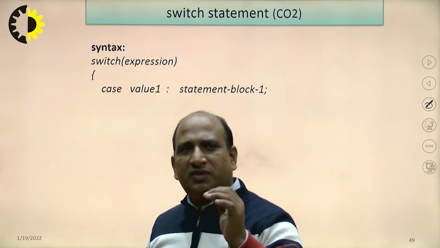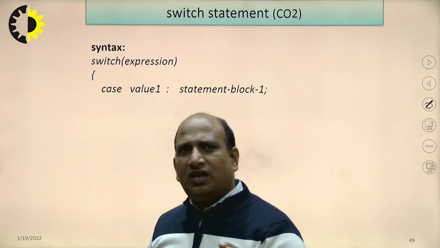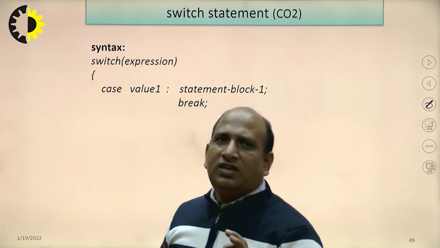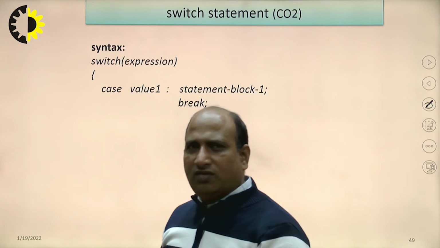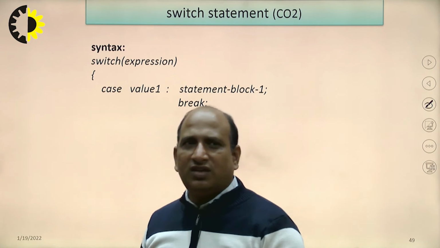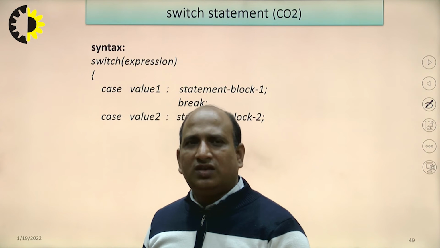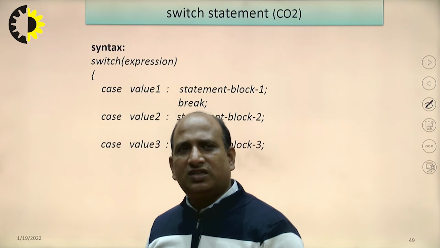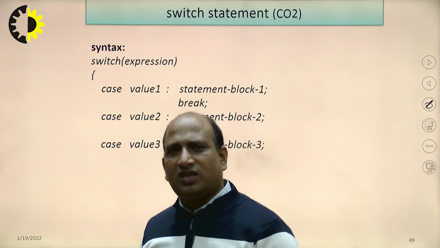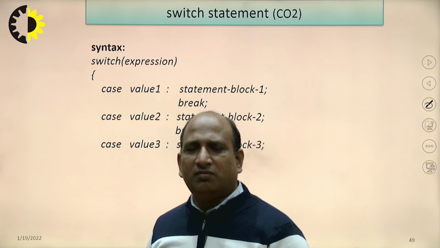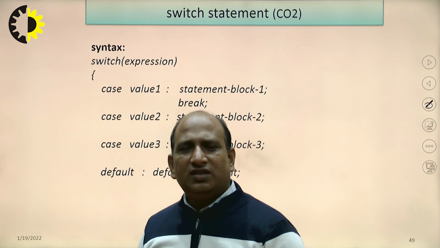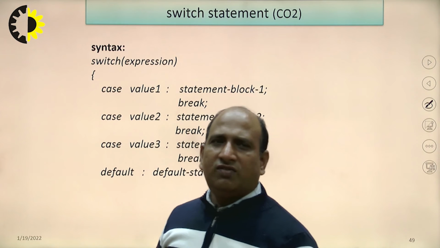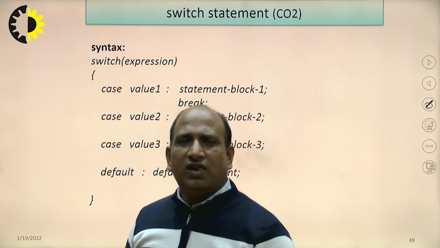If the expression value is value 1, then statement block 1 will execute, and the break keyword, I will explain why we have written it here. Then case value 2, statement block 2 will execute and control will break. Then case value 3, statement block 3 will execute and control will break, and at the last there is the default case.